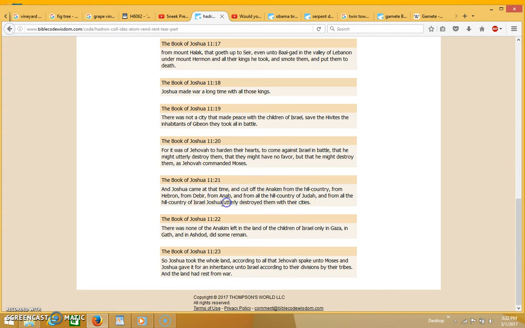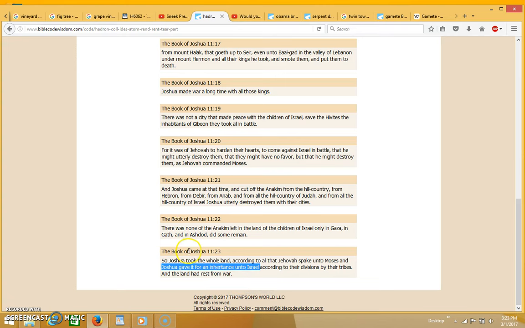Joshua utterly destroyed them with their cities. There was none of the Anakim left in the land of the children of Israel, only in Gaza, in Gath, and in Ashdod did some remain. So Joshua took the whole land, according to all that Jehovah spake unto Moses, and Joshua gave it for an inheritance unto Israel, according to their divisions by their tribes, and the land had rest from war."